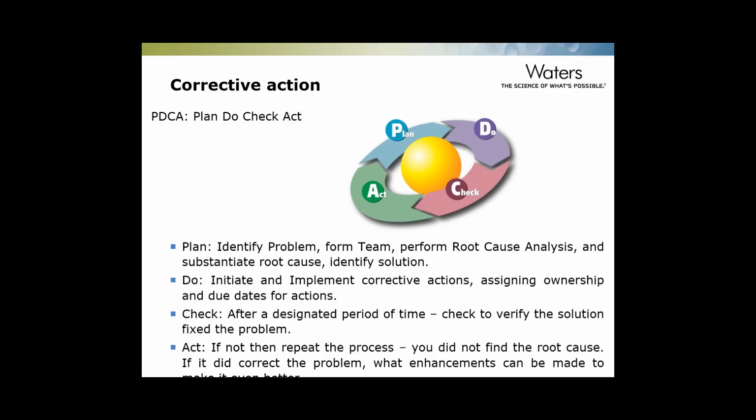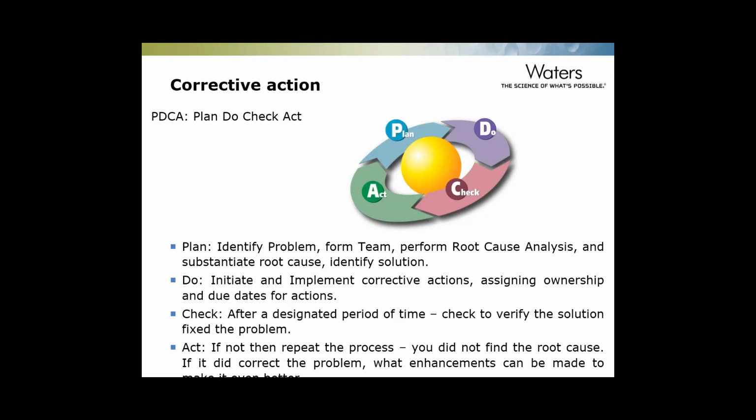Now, if you find out that we didn't get to the root cause, we made mercury again for a 3rd time and it failed analytical, obviously we didn't drill down deep enough to get to the root cause, and that's where the act comes in. If it's reoccurred or something new has come up, we need to go back to plan, do, check. The plan piece again is going through your root cause analysis and ensuring accuracy.